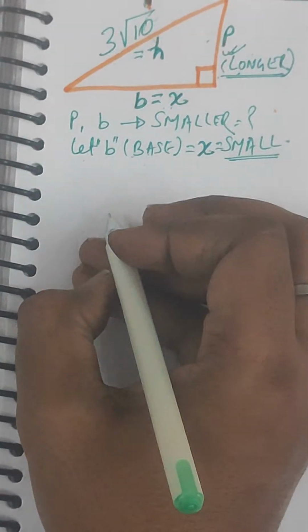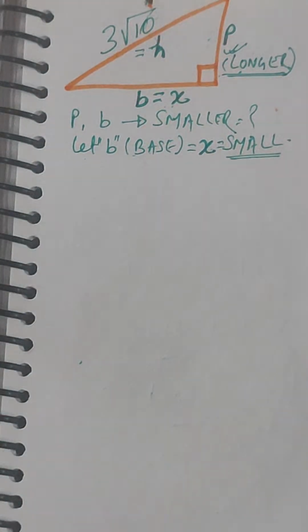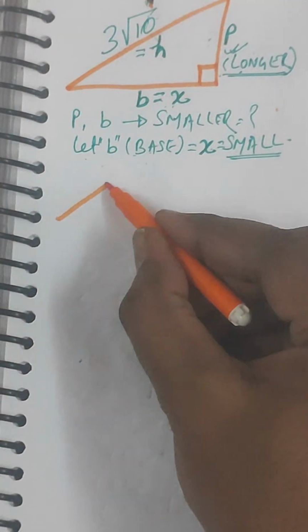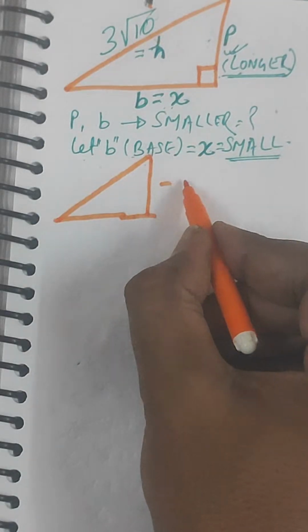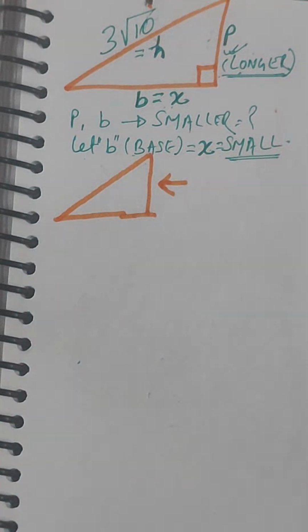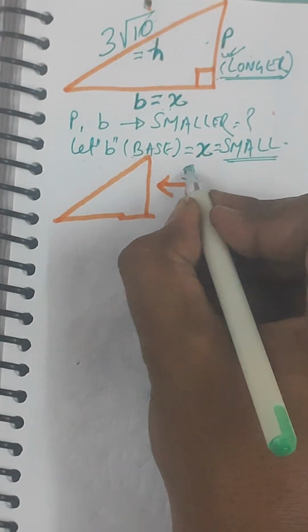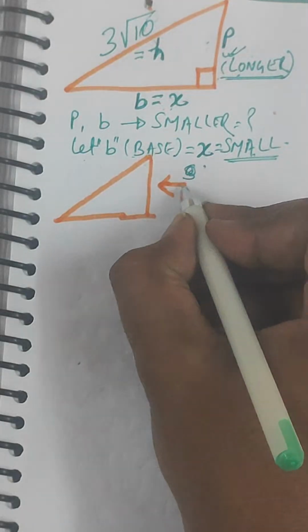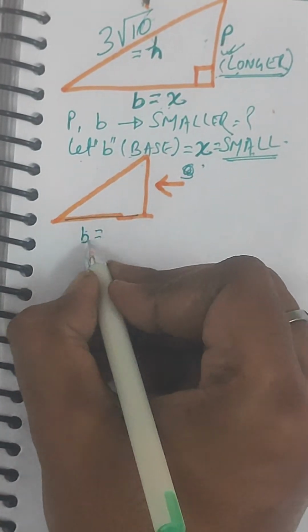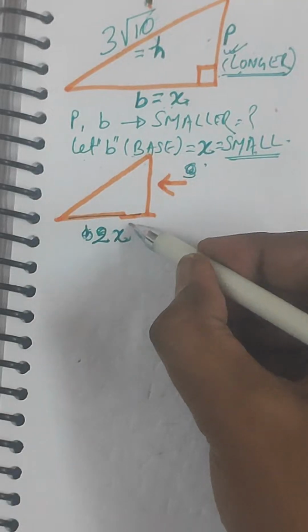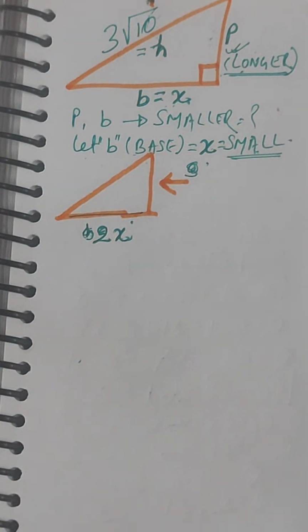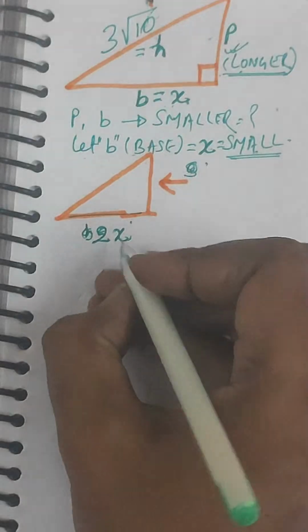We have assumed this is smaller, then definitely the other will be longer because we are comparing. So in the question it is given that the smaller leg is tripled and the longer leg is doubled, so a new right angle triangle will be formed. When is it formed?